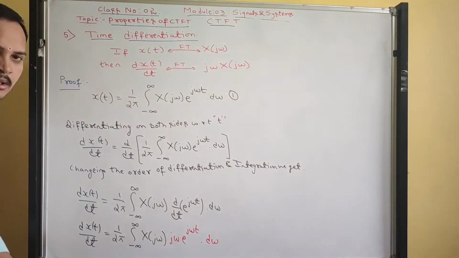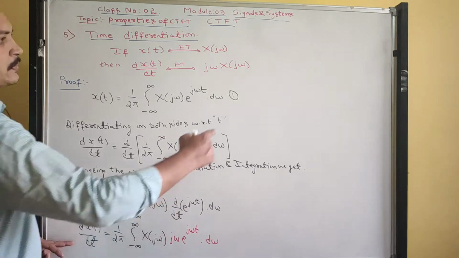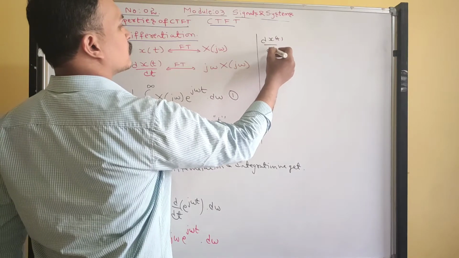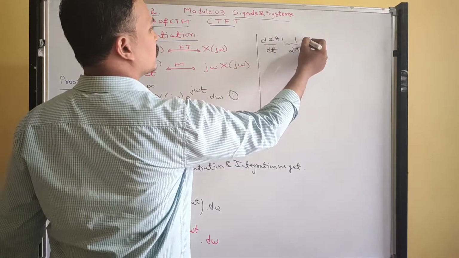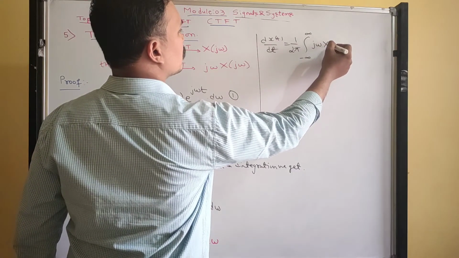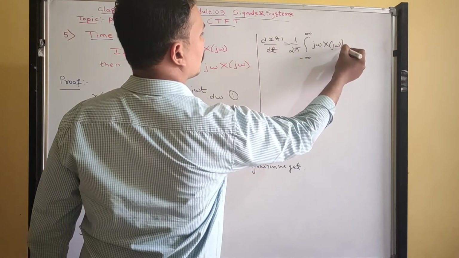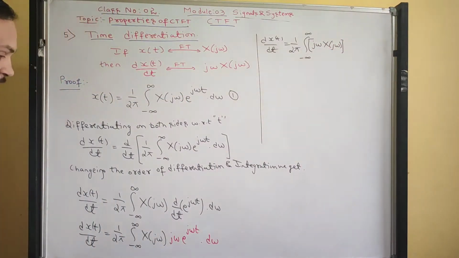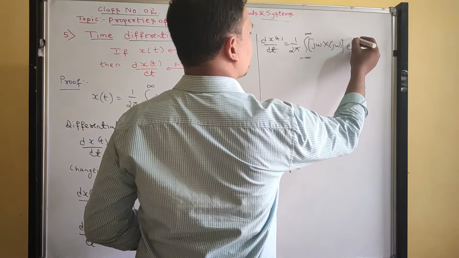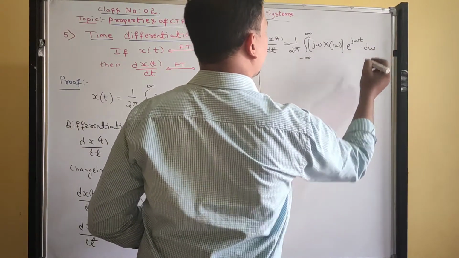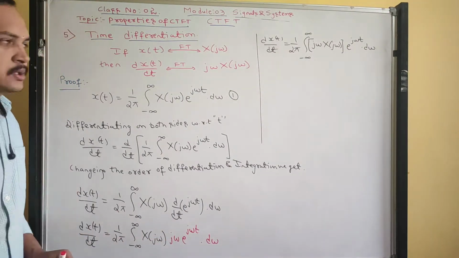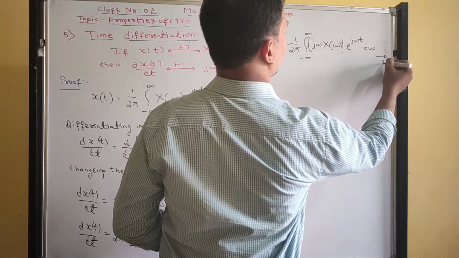Next step: dx of t by dt is equal to 1 by 2 pi integral minus infinity to infinity of j omega into x of j omega, I am putting that entire thing as one bracket, and the remaining is e power j omega t into d omega. Simply I made this whole term one bracket. Take this as equation number 2.